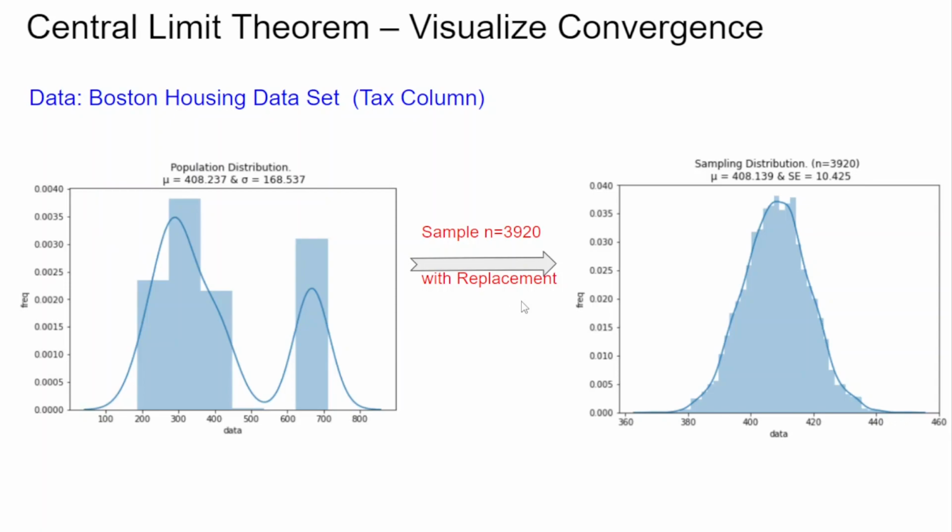So that's the key takeaway we should have right now: sampling with replacement on an irregular population distribution gives us the sampling distribution, which is much closer and approximates the population from a mean perspective, and is also operable from our mathematical perspective because it has converged or is converging to a Gaussian distribution.